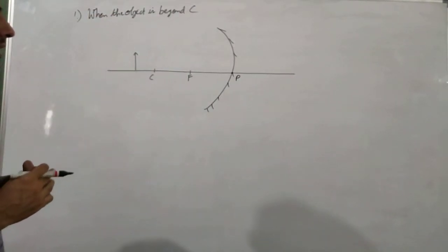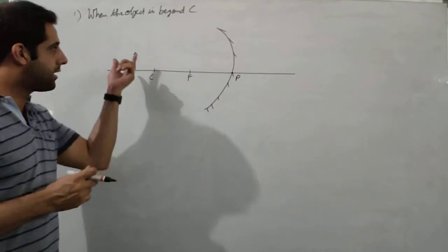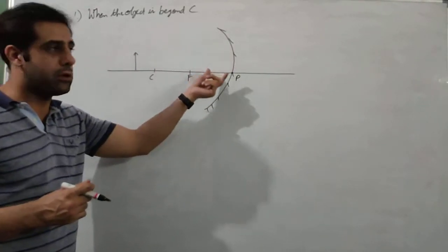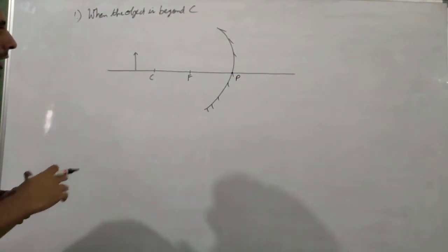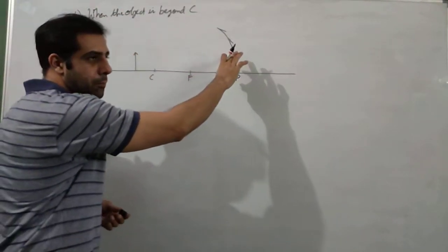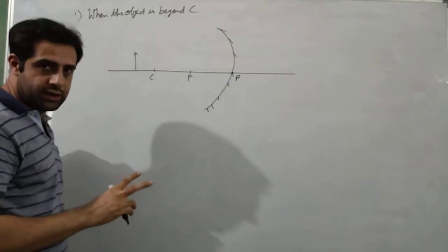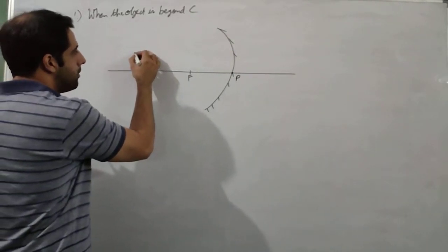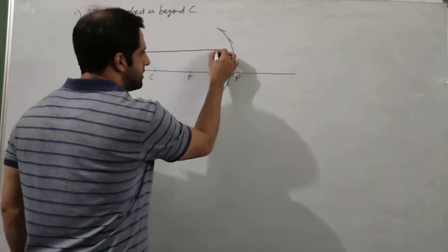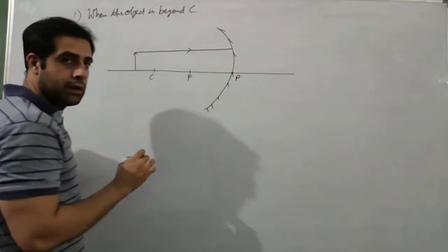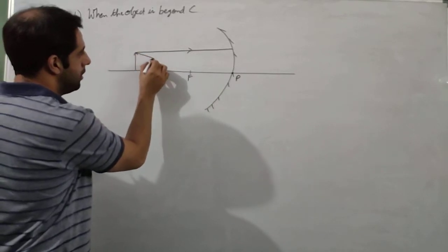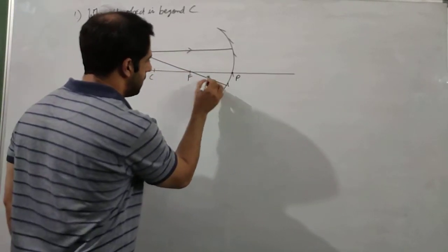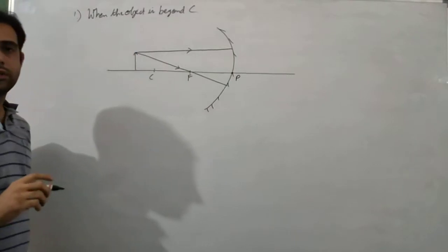The only light rays that we need are the light rays falling on the mirror, because the image will be formed by those light rays only, not by others. And these light rays are large in number, so we will take only 2 light rays: one which will go parallel to the principal axis, and one which will go through the focus. These will be 2 incident rays.